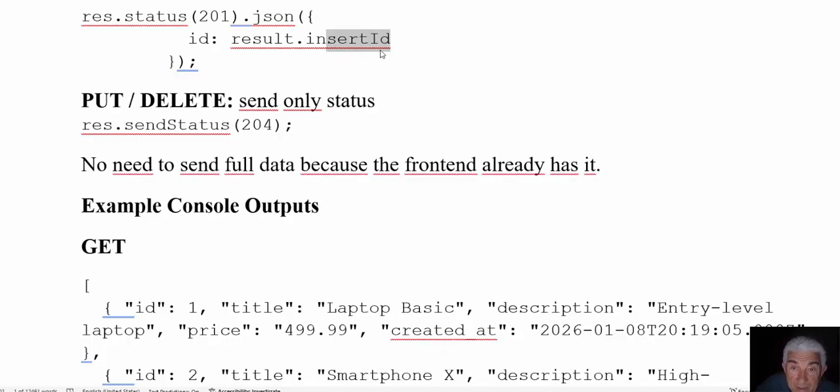It is a real inserted ID, real data from the database, but it is hidden in metadata, and result in this situation is metadata. From result we take the property of result, insertId.